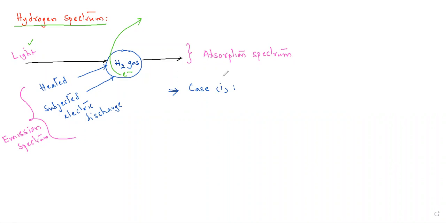Let me tell you that if the energy absorbed by the electrons is greater than or equal to, say, 13.6 electron volts, this is the ionization energy of electron, I mean the energy required to remove the electron completely from the atom.